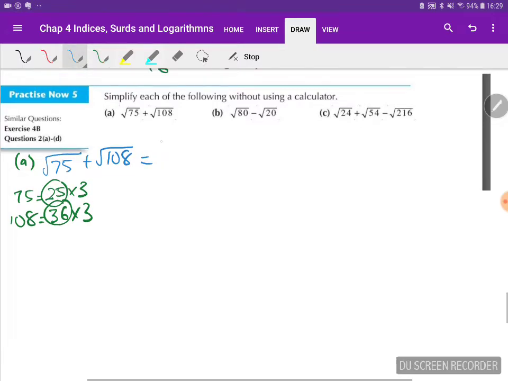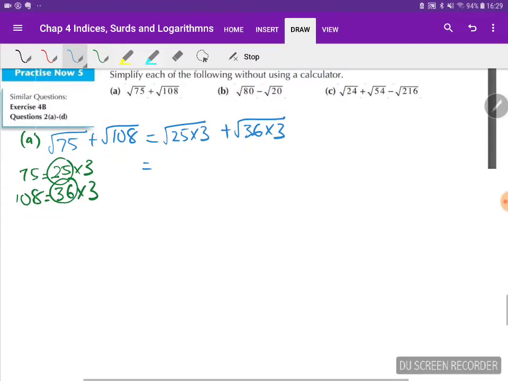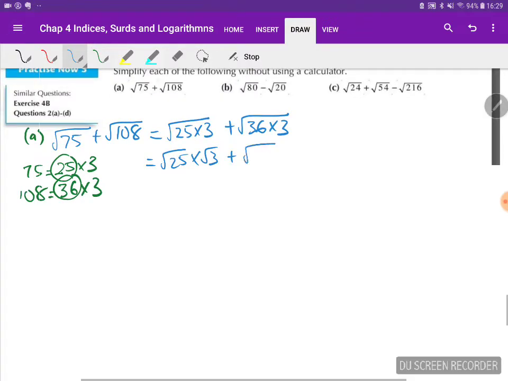So square root 75 is actually square root 25 times 3, plus square root 108 is square root 36 times 3. So you can split this into two surds: square root 25 times square root 3 plus square root 36 times square root 3.